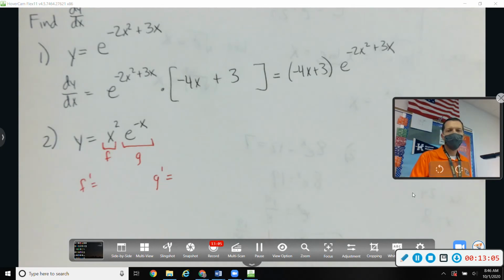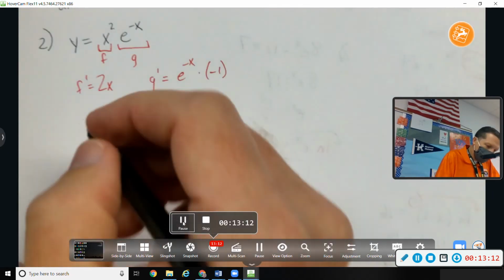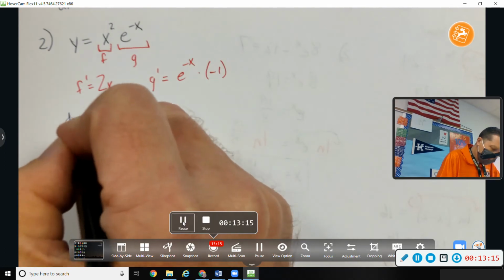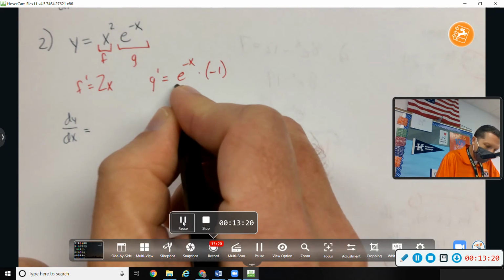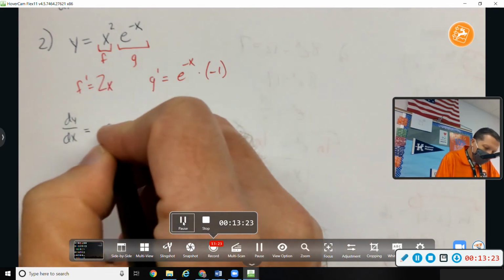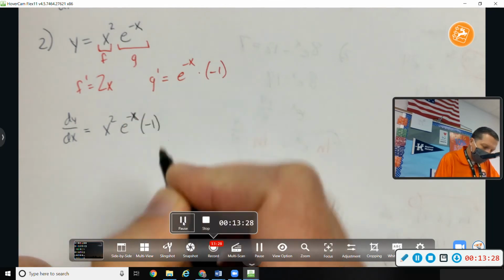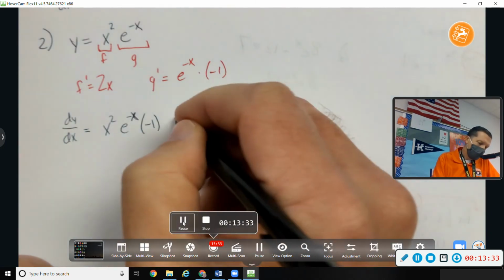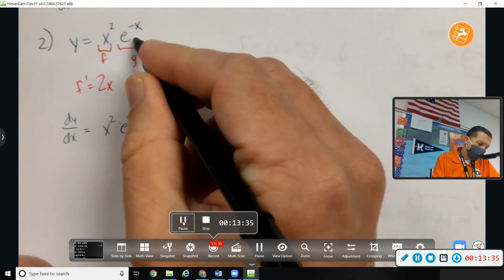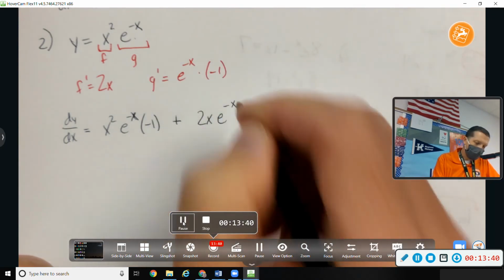So find F prime, find G prime, and then put it together with the product rule. So first times derivative of the second. So x squared e to the negative x times negative 1. That looks a little bit weird, but we'll fix it later. The negative 1 at the end like that. Plus second times derivative of the first, 2x e to the negative x.